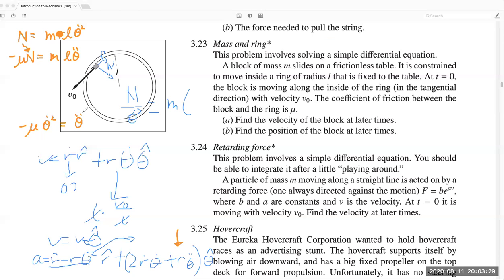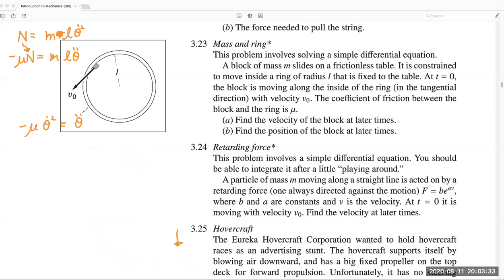So this one, you can consider it as a first order differential equation.